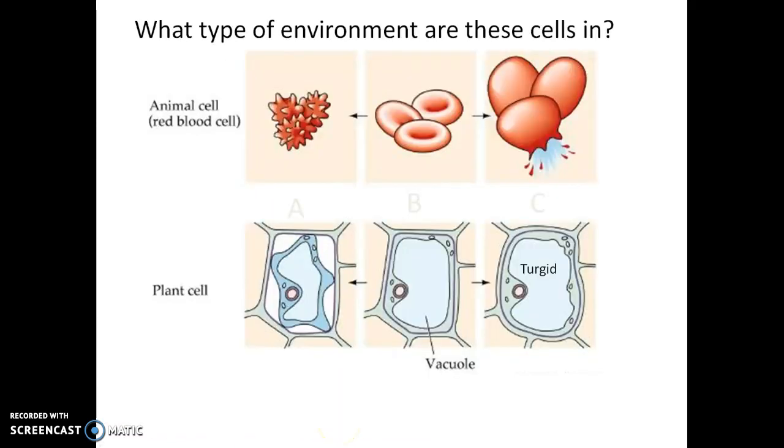Okay, so looking here, what type of environment are these cells in? Here we had shriveled animal cells or a shriveled plant cell. So that would be a hypertonic environment. Here we have normal blood cells and a normal plant cell, which would be isotonic. And here obviously you can see the cells bursting, and here the word turgid is there, which means it's very rigid and thick.